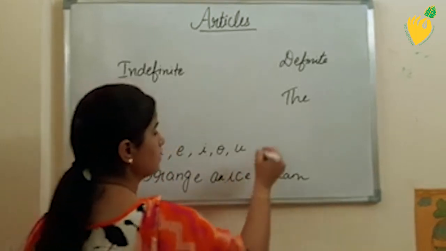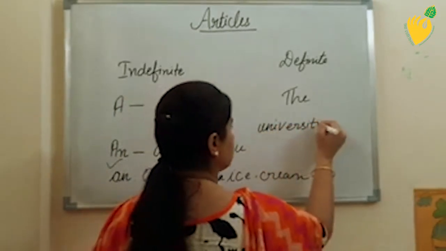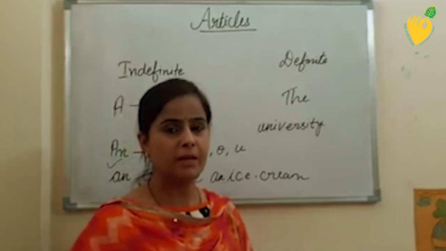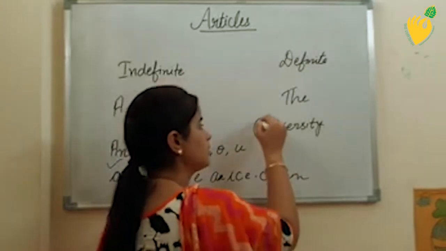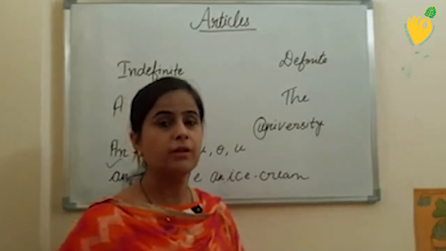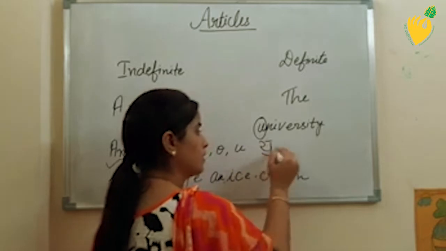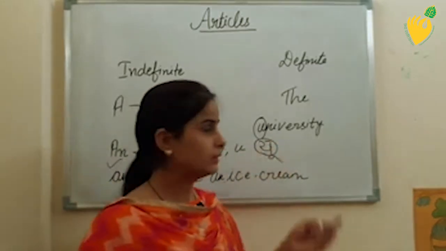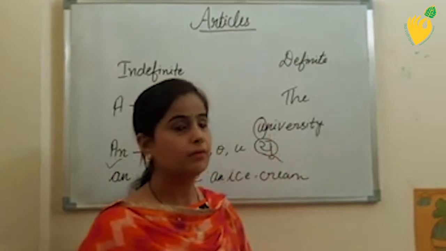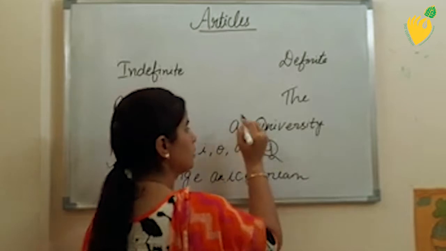Next example is university. Now university, its spelling starts with U, which is a vowel, but its pronunciation starts with the sound "ya". So its sound starts with a consonant sound. So before university we will use a.